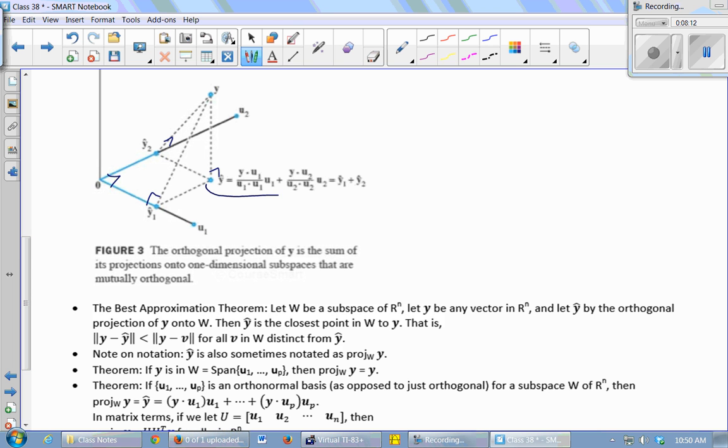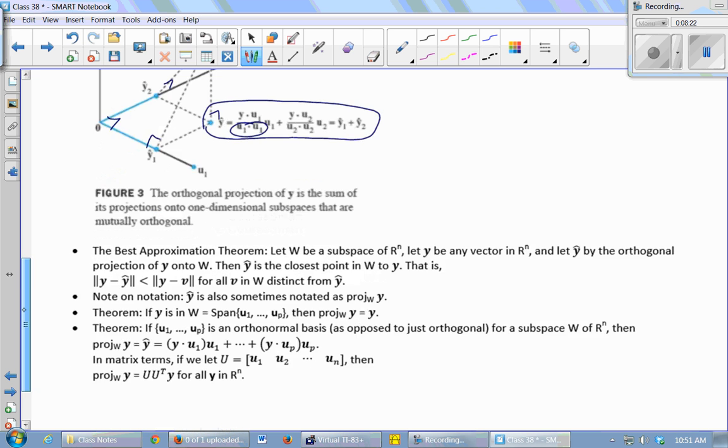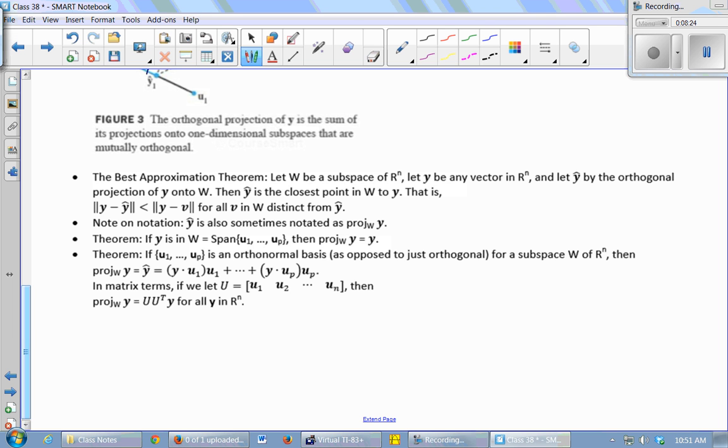So if this is my formula for Y hat, U1 dot U1, if those are both unit vectors, would be 1. So the denominators just go away, and you have a slightly simpler formula. No more denominators because the UI dot UI will always be 1.